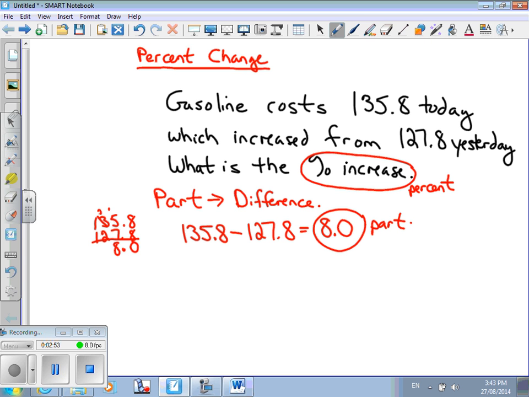And somewhere in this question, we're going to have the whole. Well, we've got two numbers in the question we've already used, the 135.8 and the 127.8. And we're going to reuse one of them. And the one that we're going to use as the whole, this is really important, the whole is always the original amount.